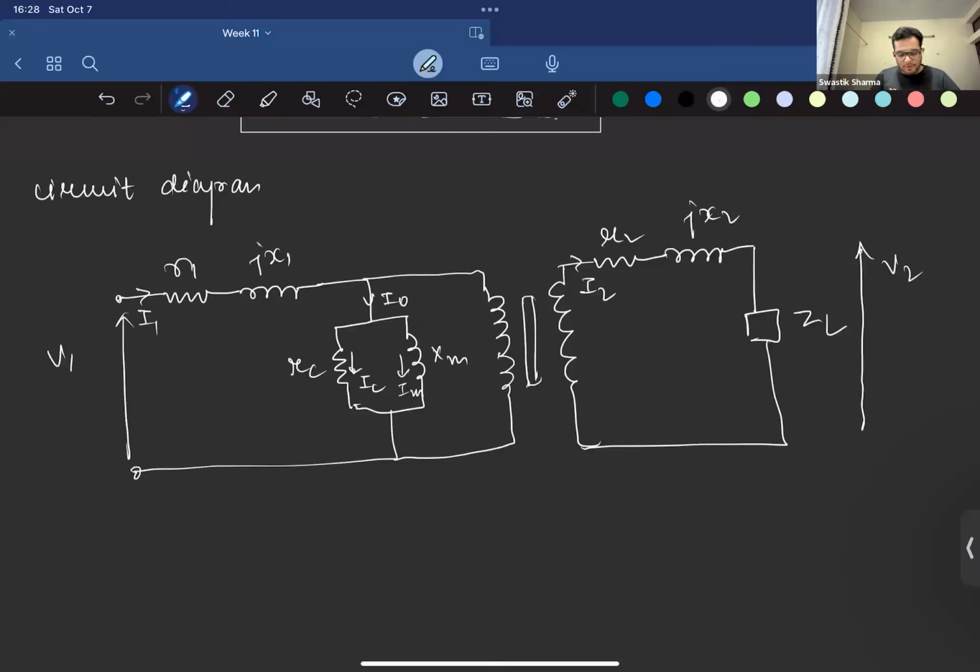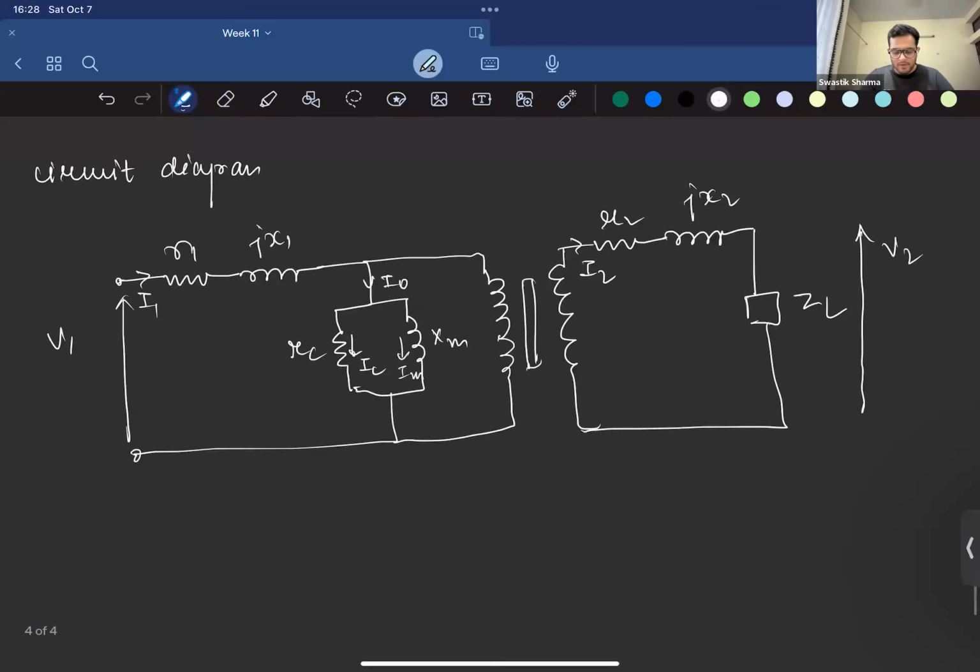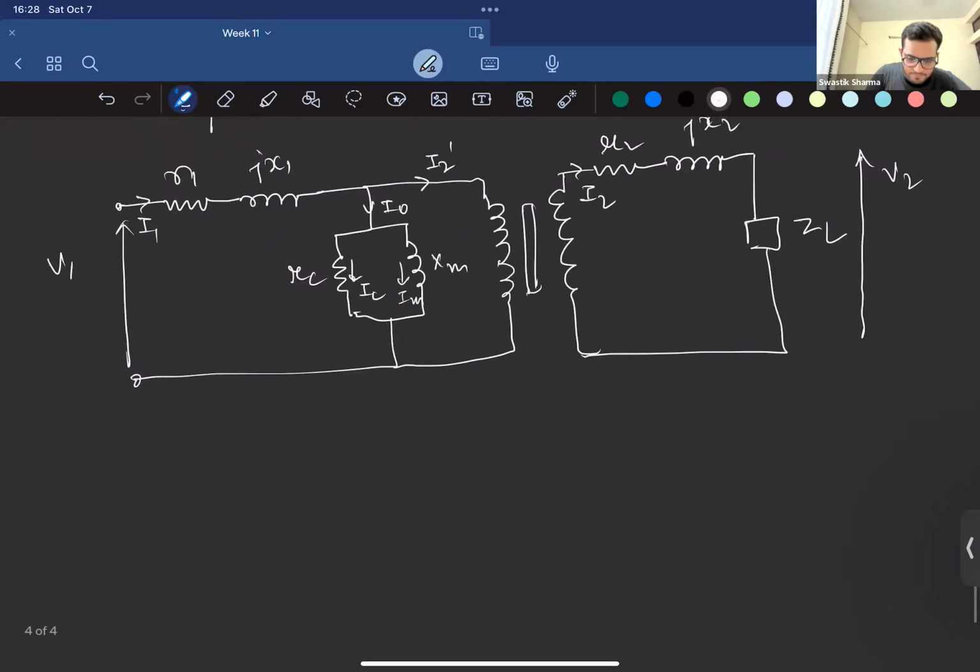Now we know that not the whole supply current is used to set up the load current, right? The load current that is being set up is represented as I2 dash, where I2 dash is nothing but I1 minus I naught, right?